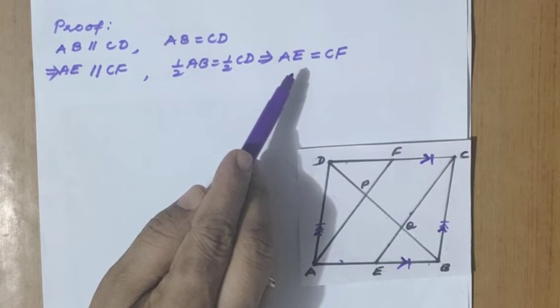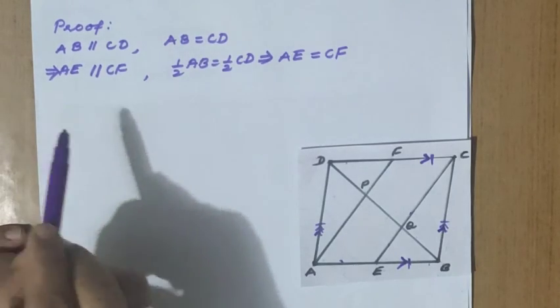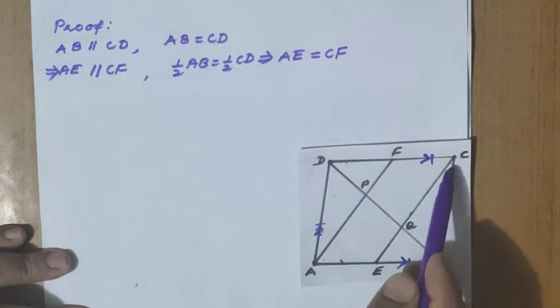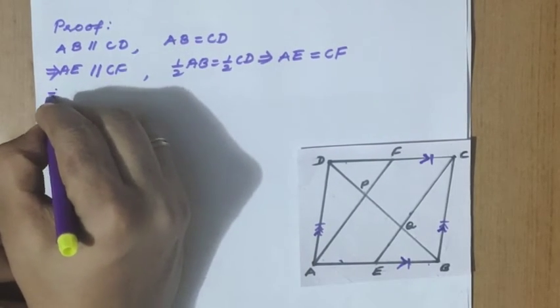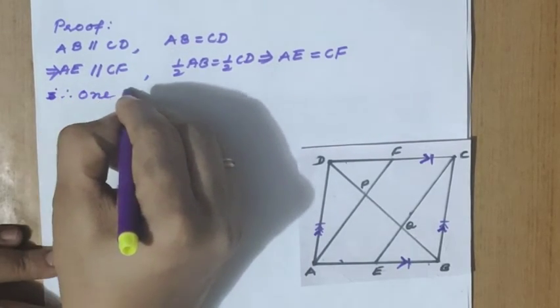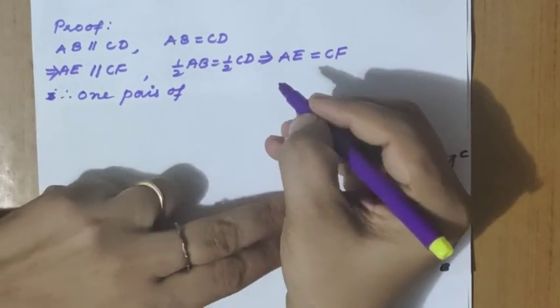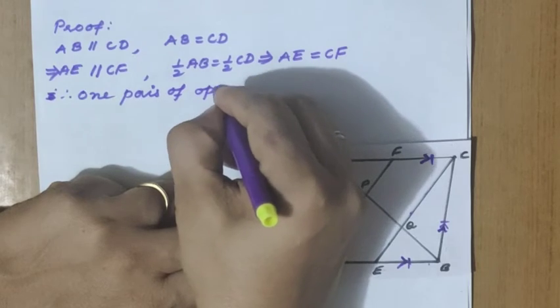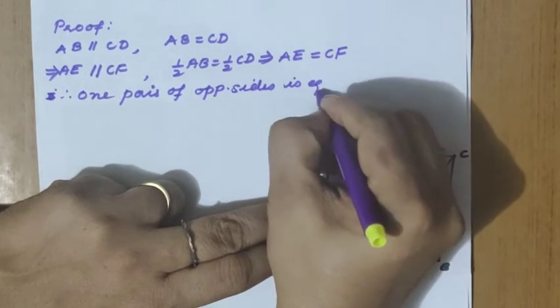That means one pair of opposite sides is equal and parallel. That means AECF is a parallelogram. So here I'll write, therefore, one pair of opposite sides is equal and parallel.